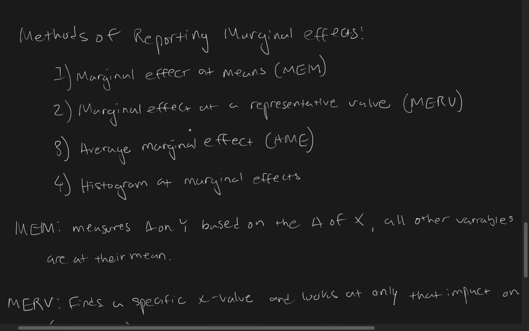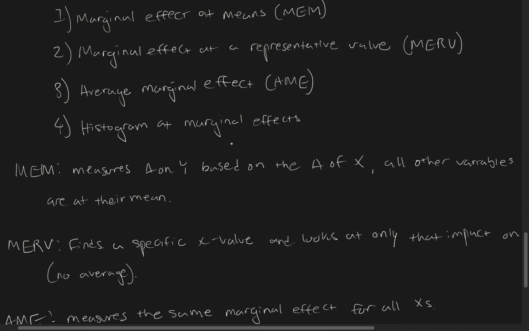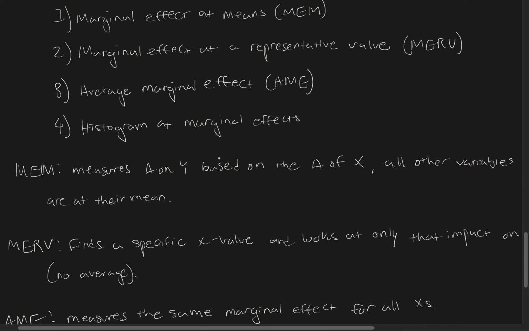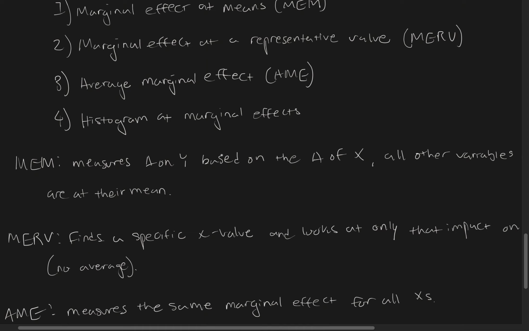The marginal effect is probably the most confusing way of reporting it. It's simply calculating the change of y based on x. However, all the other variables that might be included within our data set must be constant.